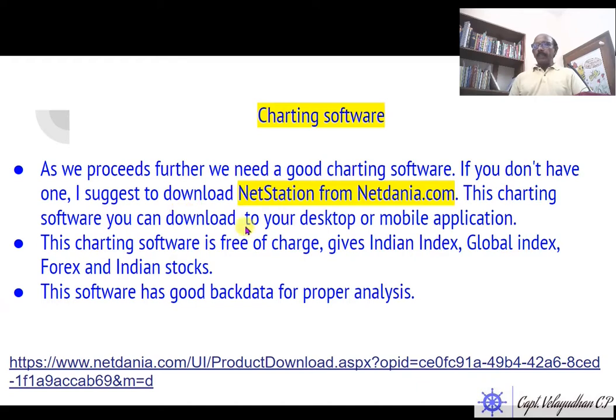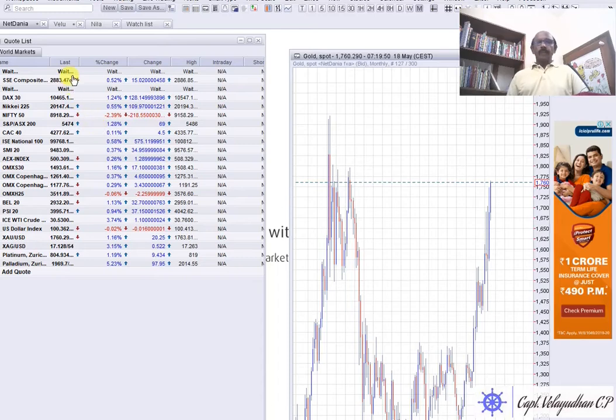I suggest you download NetStation from netdania.com. This is a good software and free of charge. This gives Indian stock market, global index, Indian index, forex, Indian stocks, etc. This is the NetDania NetStation.